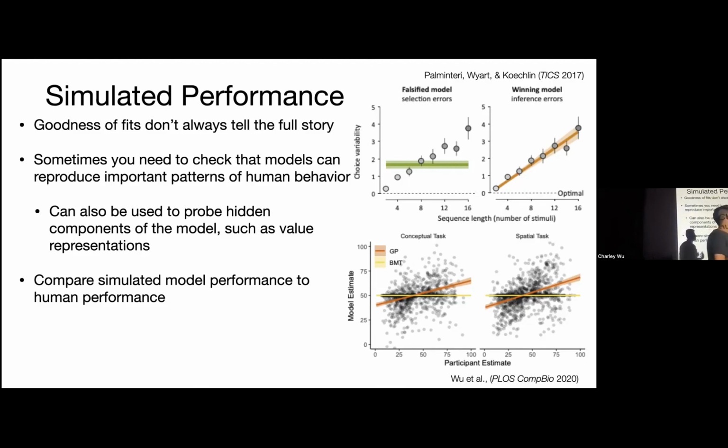And we find that our model, estimated based on choice data, is also able to reproduce those same patterns. For the GP model here, the orange also captures participant estimates. So when participants estimate larger rewards, the model is also able to capture this, even though it's estimated on a completely different set of data based on choices.